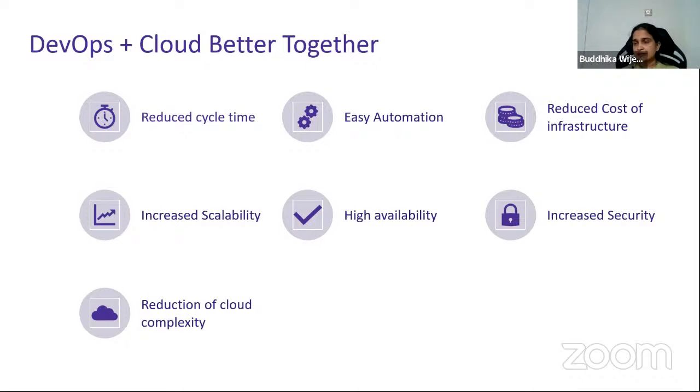We started the discussion on how DevOps and cloud can be better together. As I explained, when you use these technologies together, you will be able to achieve more benefits. Your cycle time can be further reduced, and you can do easy automation.